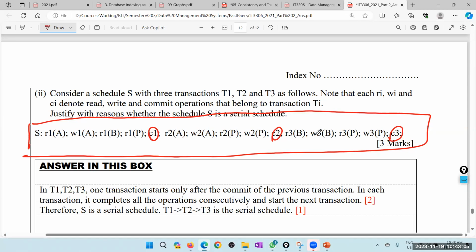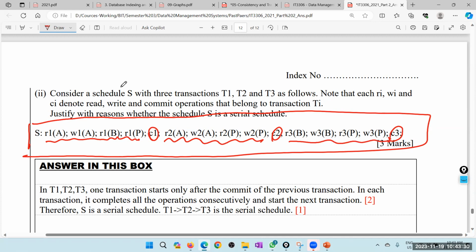Transaction 3 read B, transaction 3 write B, transaction 3 read P, transaction 3 write P. Actually, transaction 3 is sort of serial. And actually, that is easier because these are all transaction 1, right? It's serial, right? This is transaction 2. This is transaction 3. It's a serial schedule. I don't know why they have asked that.